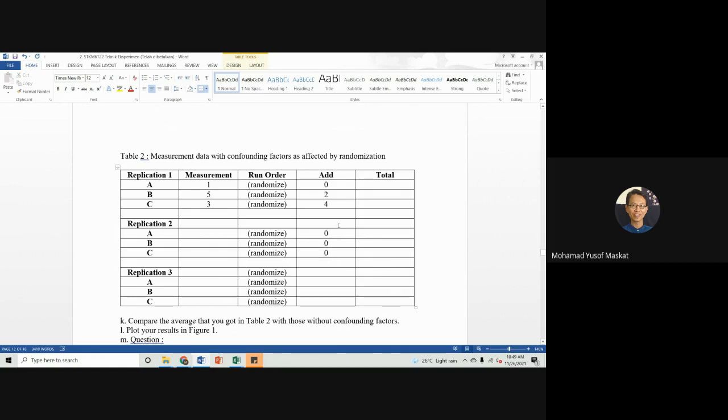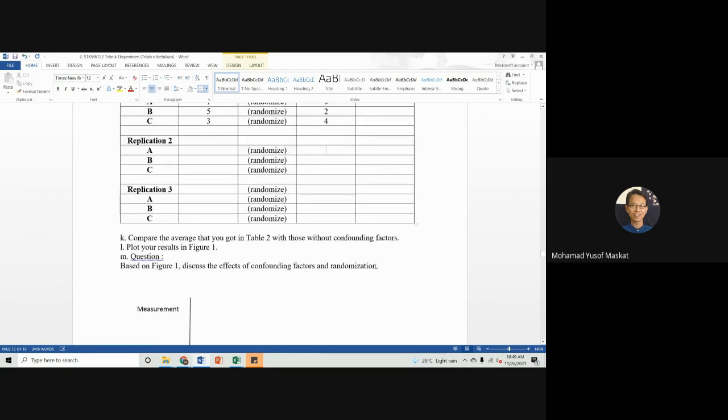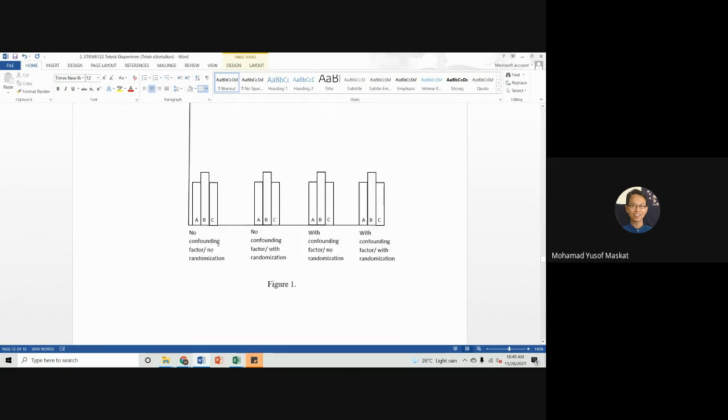This means no confounding factors. So: no confounding factors and no randomization; then no confounding factor but with randomization; then with confounding factor but no randomization; and with confounding factor, with randomization.